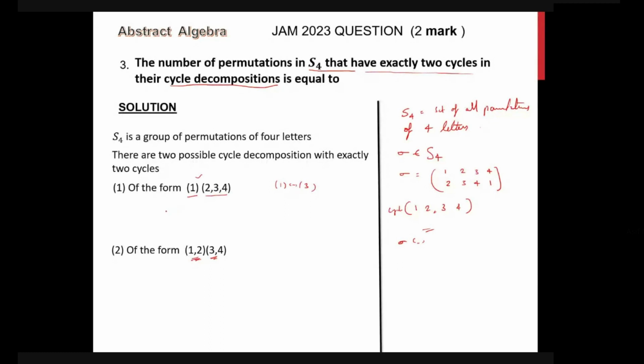Now, in order to calculate the number of possible ways, I can choose this first letter in how many ways?